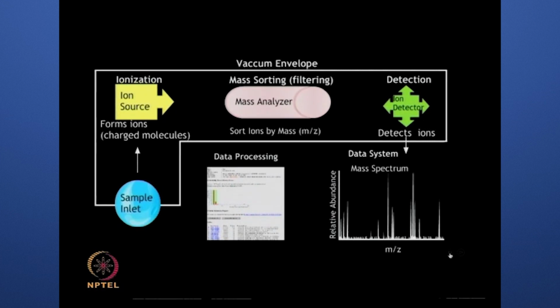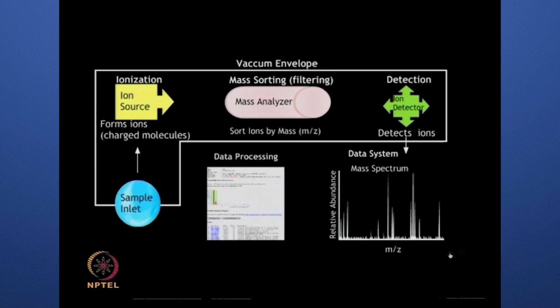Let us first define these terms so that our understanding of each component becomes clearer when we come to the advanced concepts. Sample inlet. This is the first point of contact where the sample is introduced into the mass spectrometer, either as liquid nano droplets or as a mixture with the matrix.